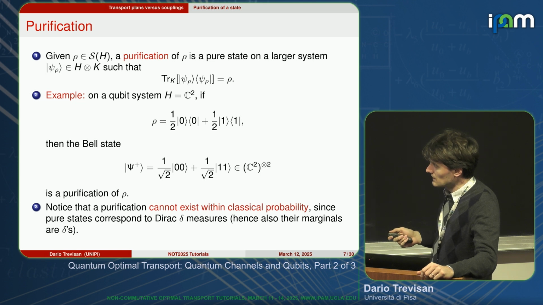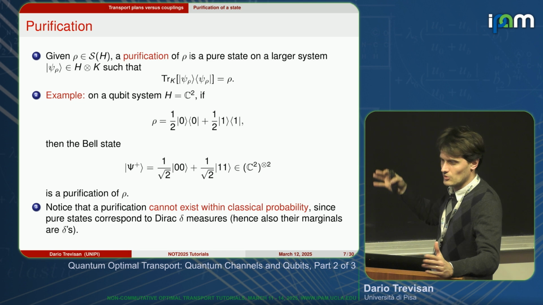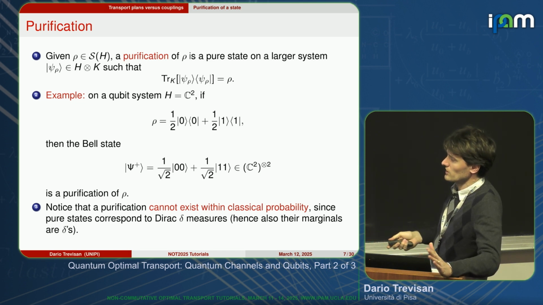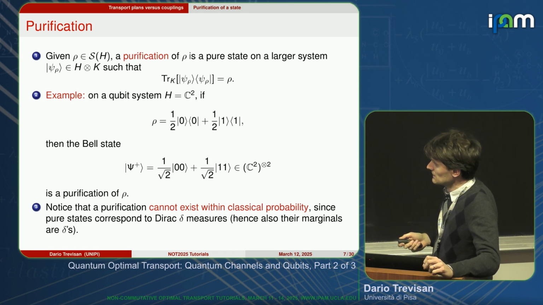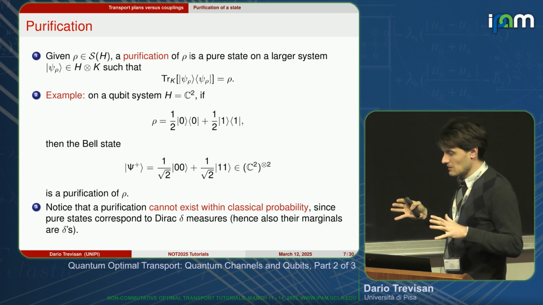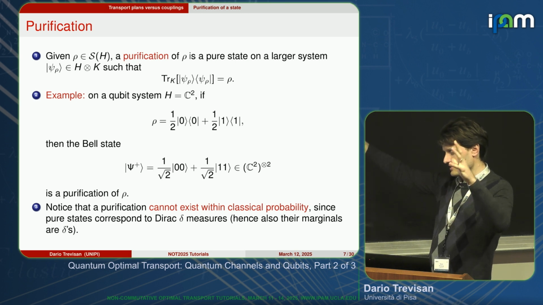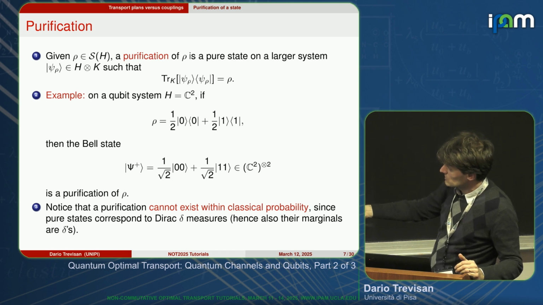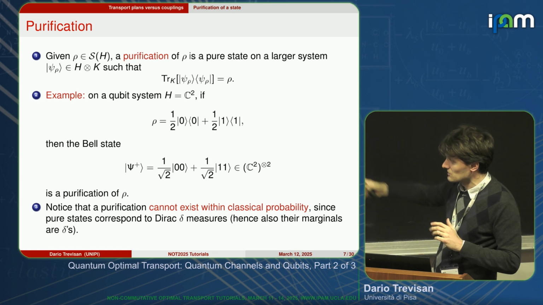Remember that rho is a state operator, or density matrix, not really a vector. So in general it may not be a pure state. It does not correspond to a single state vector or wave function. So the idea is, maybe we can purify this rho by imagining that there is a larger system. In this case, the larger system is the tensor product of H with some ambient space K, another system K.